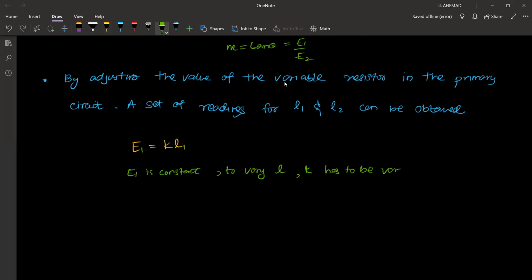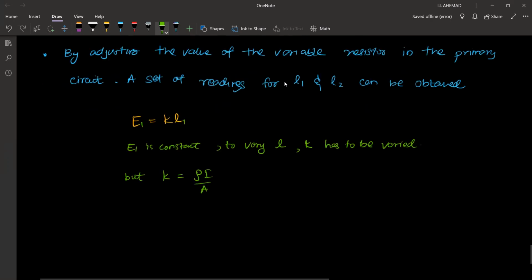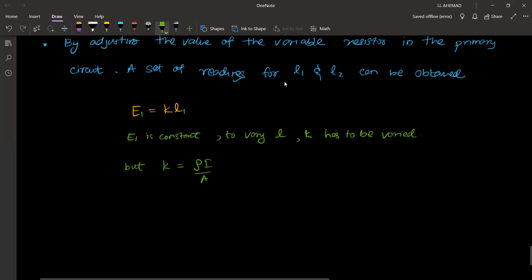Okay. If I want to change L, I have to change K. But K is equal to rho I over A. Rho and A are constants.